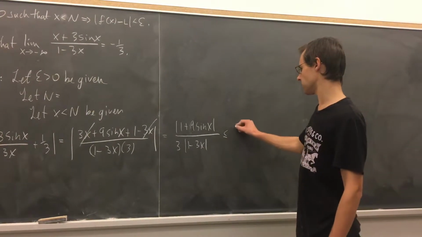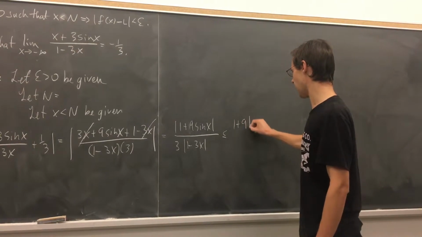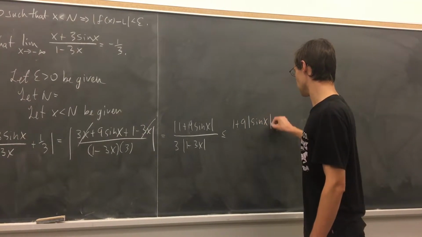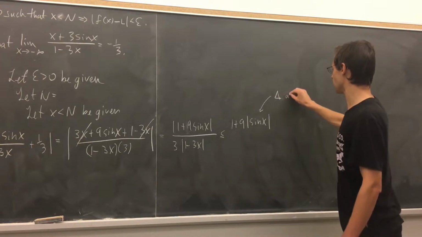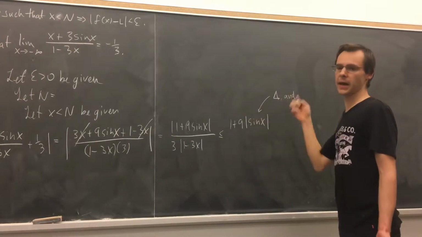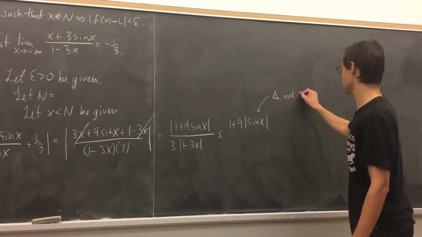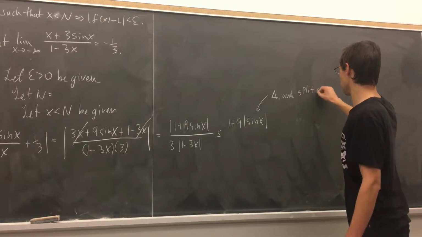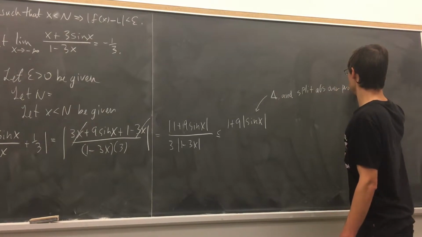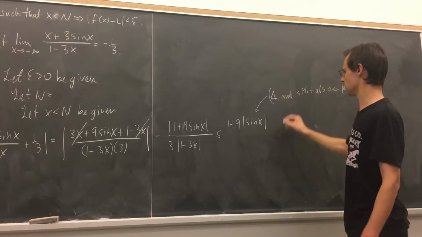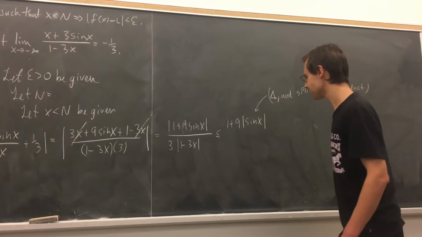So the numerator becomes 1 + 9|sin x|. This is by the triangle inequality and splitting the absolute value over the product. I really don't need to write this, but let's put it in.